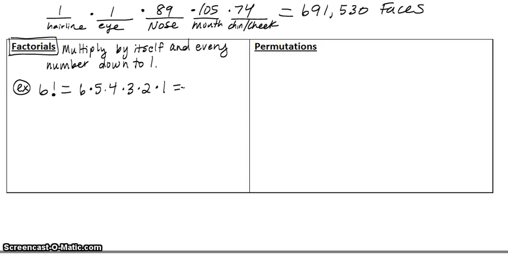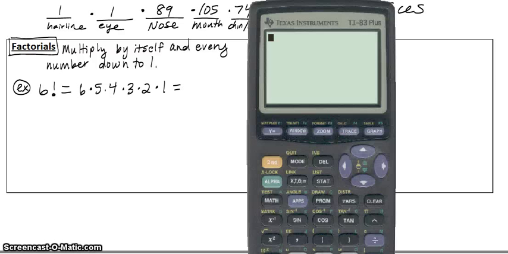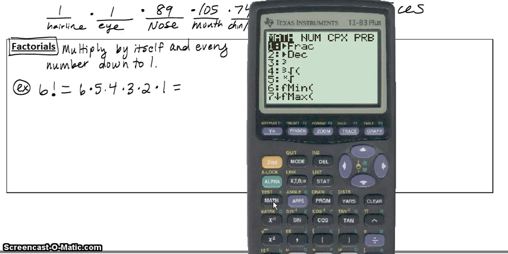And I want to tell you that on your calculator, and I don't know if this program I'm using can handle this calculator, so we'll see what happens here. To find the factorial button, you're going to hit Math, so the Math key right under Alpha. You're going to scroll over until you're at PRB. It stands for probability.